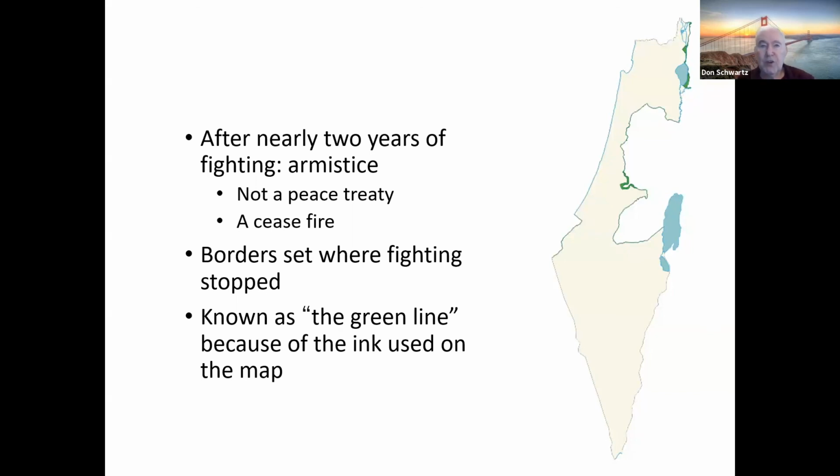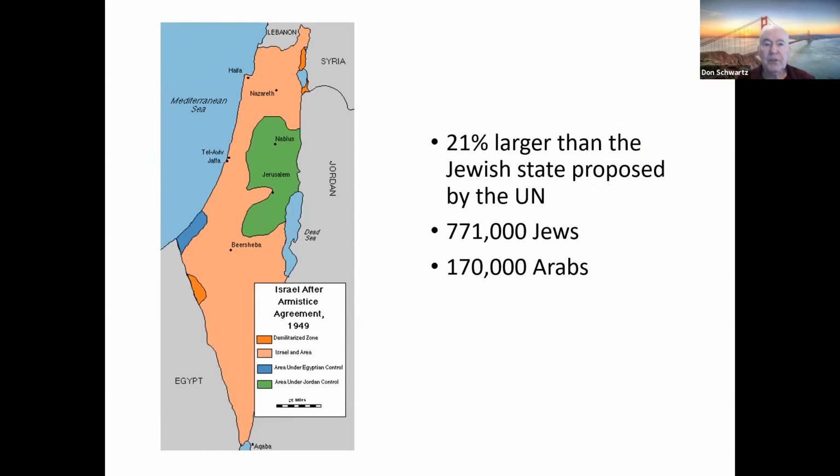To quote Winston Churchill, it wasn't the end. It was not even the beginning of the end, but it was the end of the beginning of the Israeli-Palestinian conflict. The new Israeli state was 21% larger than the country that was proposed by the UN partition plan.